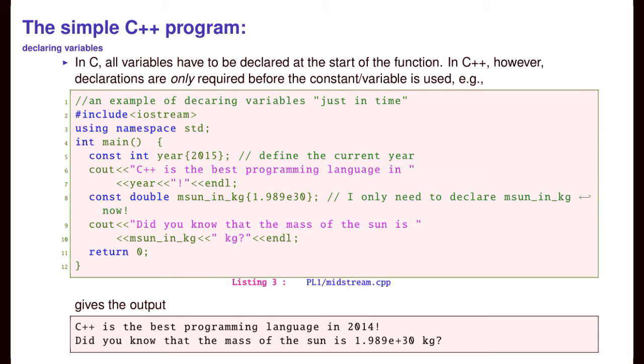So we've got the same first part of the code until about here, and then over here we suddenly declare a new constant variable, which is the mass of the sun in kilograms, which you only need to declare at that point because it's used in the next line. Clearly I can't declare it after I've used it, but I can just declare it before I use it. But I have had executable statements that do something that act before that.